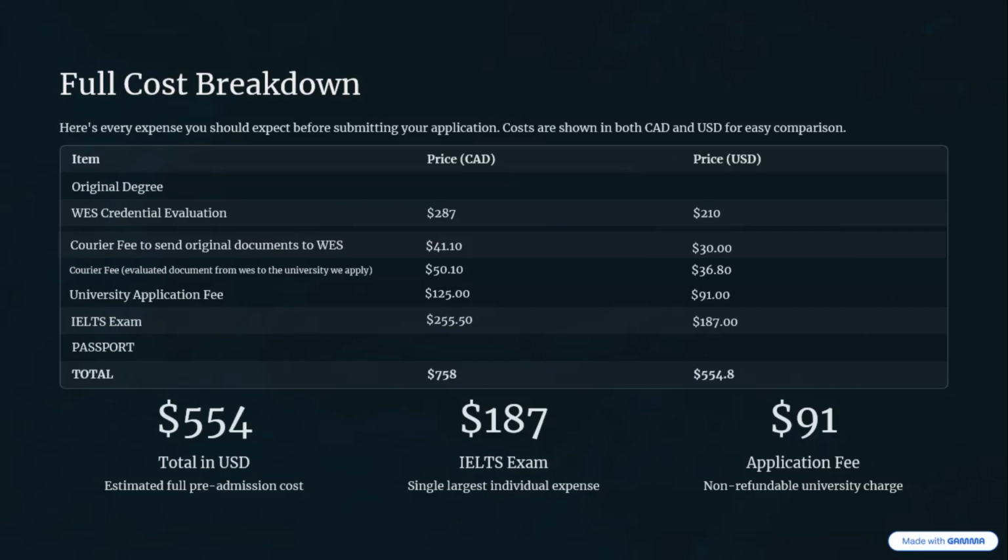Also, one tip I might give you, if you want to save on the courier fee for sending documents from WES: you might lower this $36 to around $10 or $12. You can do that if you know the university you are applying to and are sure you're going to apply there. Before the evaluation starts, you can submit the university name and where the evaluation is going to be sent.